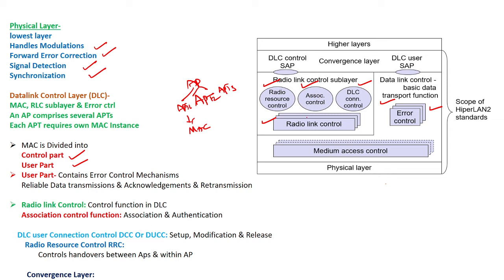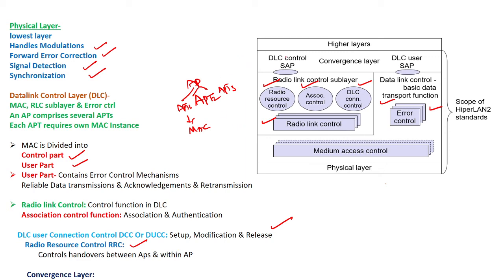DLC control is used for setup, modification and release: setting up the connection, modifying the connection, and release when it is terminating. And radio resource control, RRC, controls the handover between APs and within an AP.